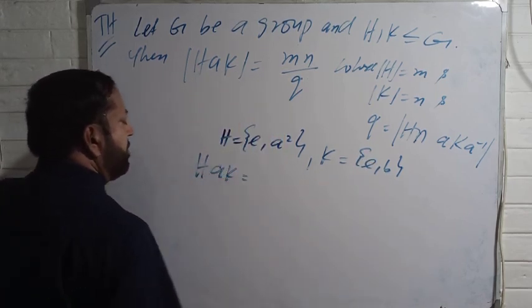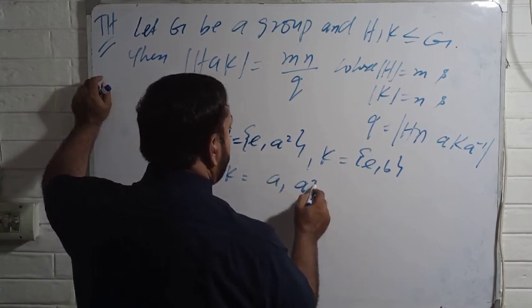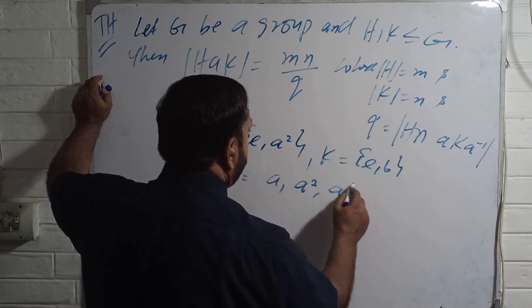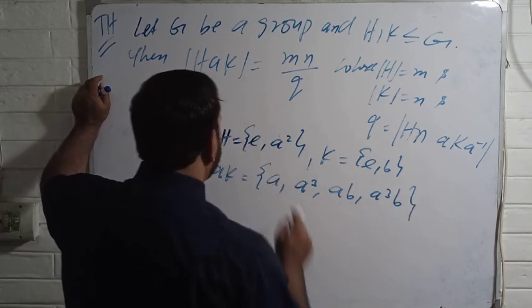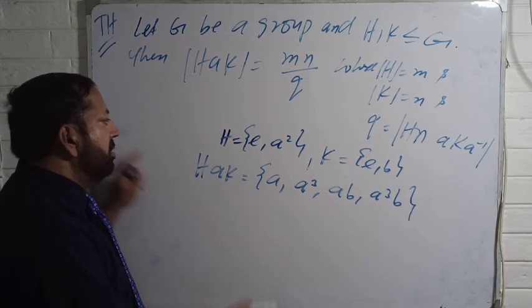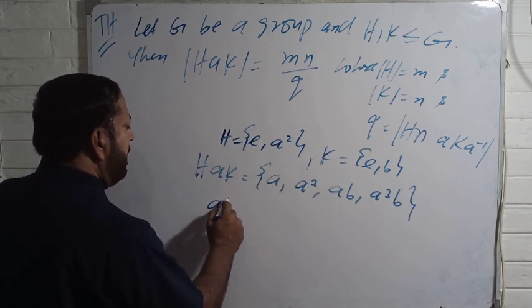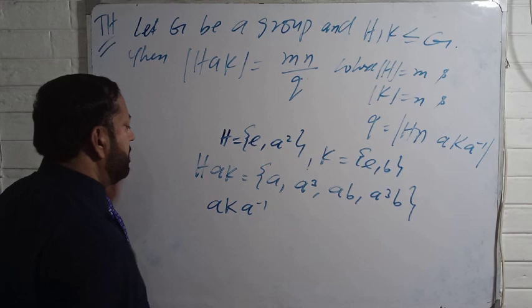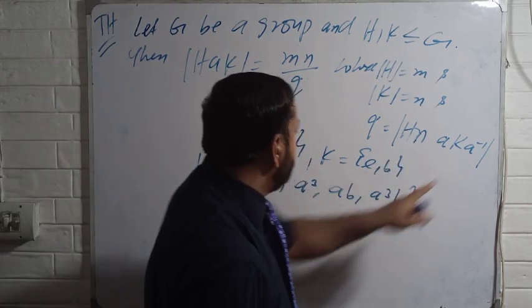This was in fact A and A cube, AB and A cube B. Okay, you have established HAK. There are the 4 elements. So what you have to do, first find A K A inverse. First we need to find A K A inverse.